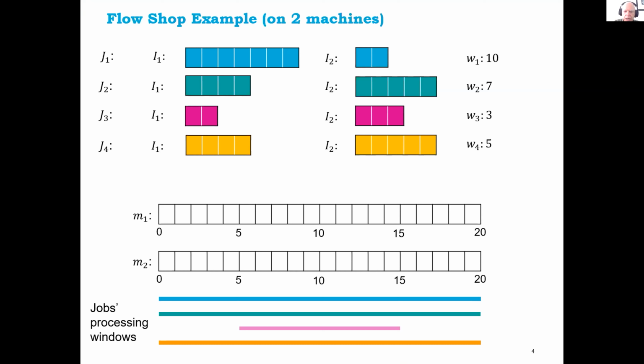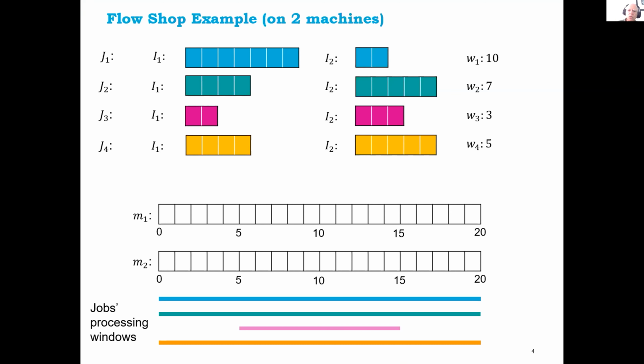We have the machines, and at the bottom, we see the time windows of each of the jobs. So you see that the blue job, for example, the release time is 0, the due date is 20, but for the pink job, the release time would be 5 and the due date would be 15. And we have also the weights on the right side.